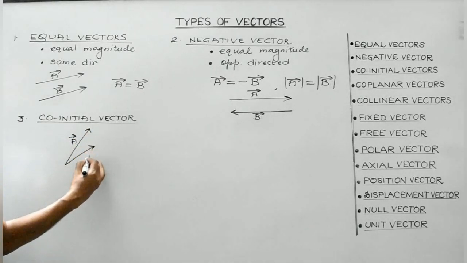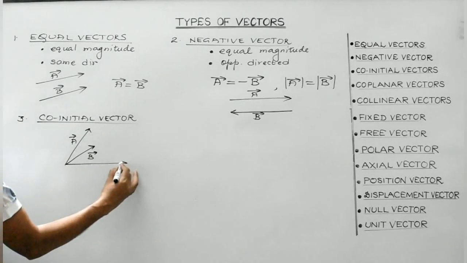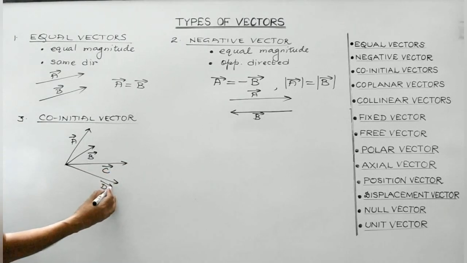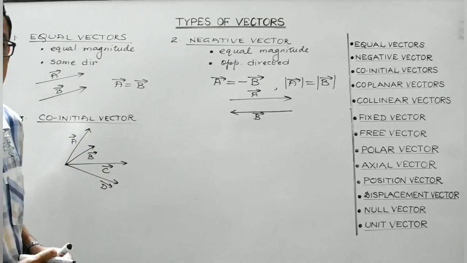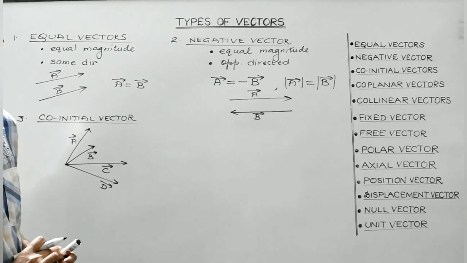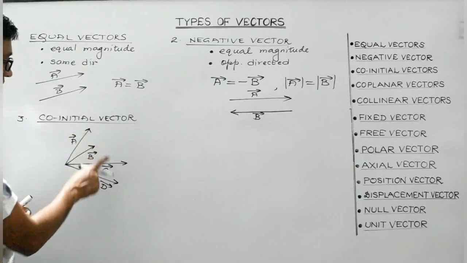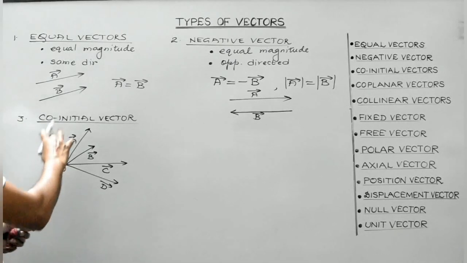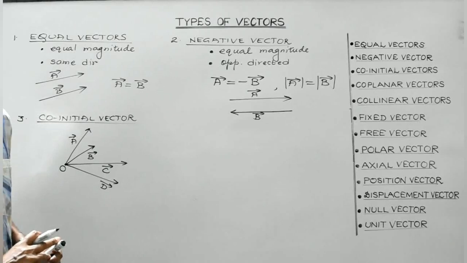They can be of same magnitude or different magnitude, right? What's one thing common in these vectors? Their tails coincide at a given point. So all these vectors have the same starting point, the same initial point, that is point O. So these vectors are known as co-initial vectors.